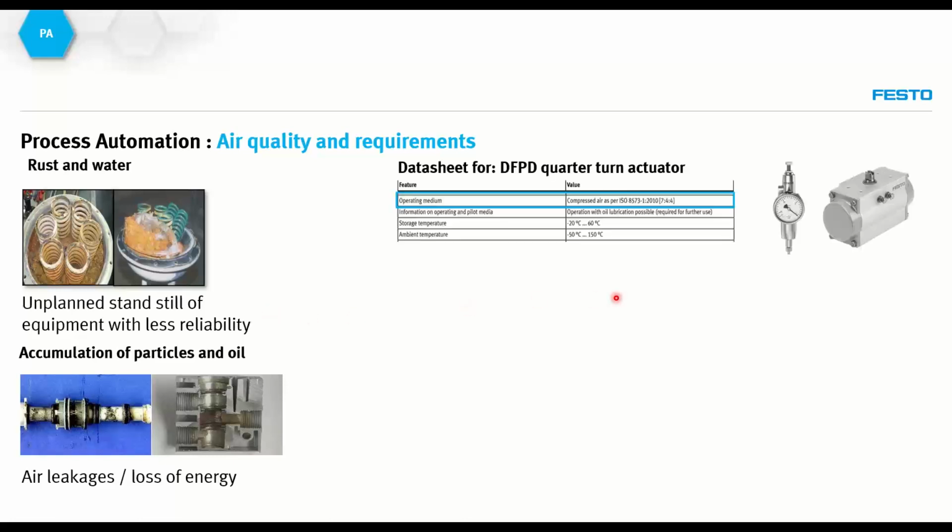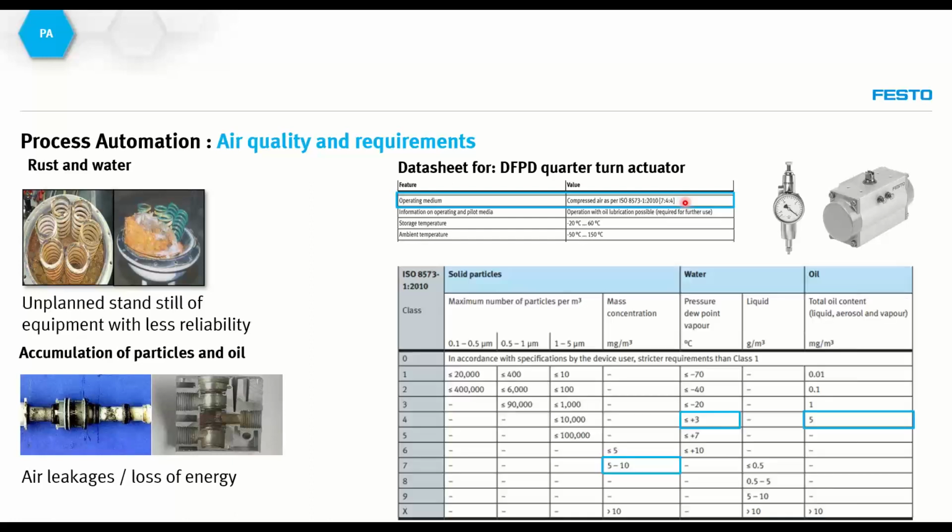If we look at our actuator data sheet, over here we see certain air requirements for this actuator based on the ISO standard. What does that mean? 7.4.4. If I'm a customer looking for the right actuator and I see this number, what does it mean?